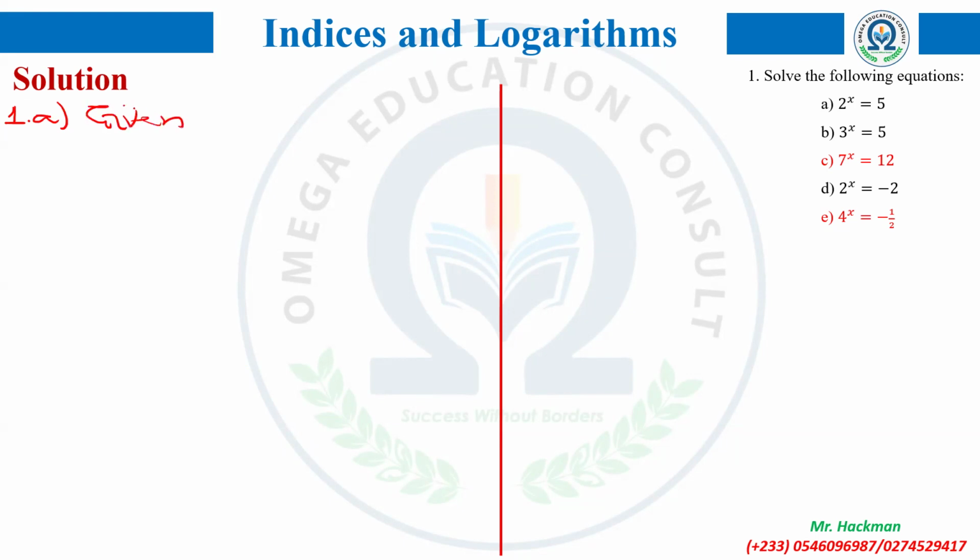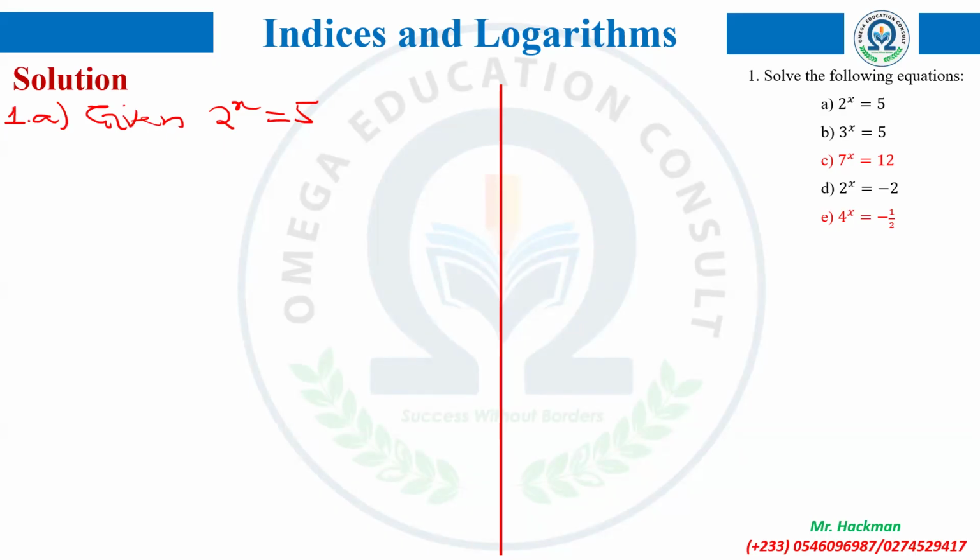Then we extract. What are we given? We are given 2 to the power x is equal to 5. Now, if you look at this, obviously this is an exponential equation. Do you agree with me? Very good. So once there's an exponential equation, you try your usual way.